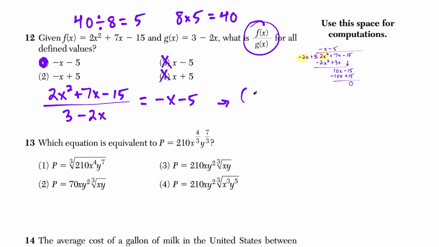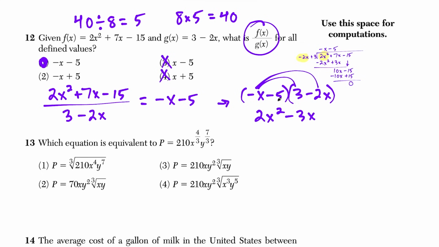If we do minus x minus 5 and we multiply by 3 minus 2x, I'll just go ahead and use the distributive property. So I'm going to do negative x times negative 2x first, and that's going to give us a positive 2x squared. And then I'm going to do negative x times 3 is minus 3x.